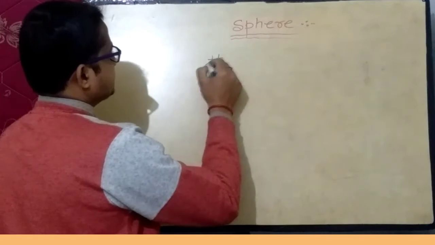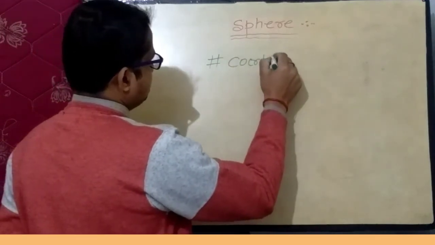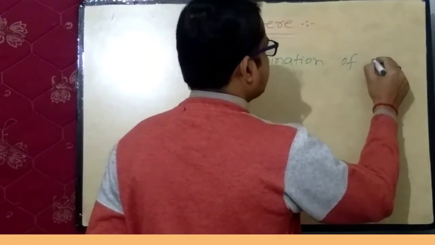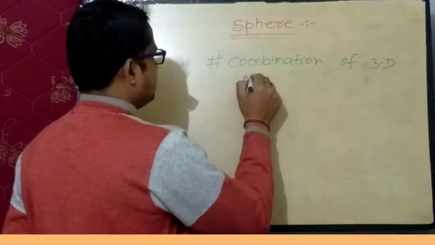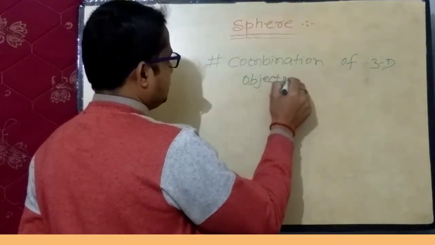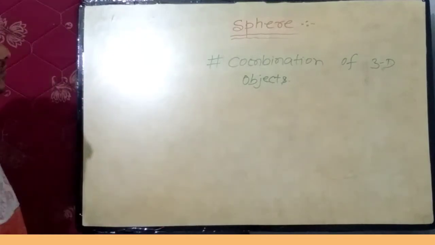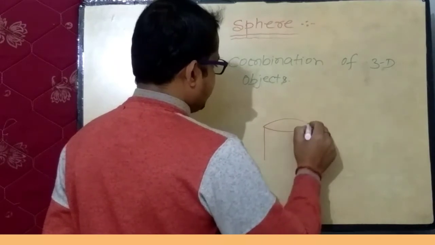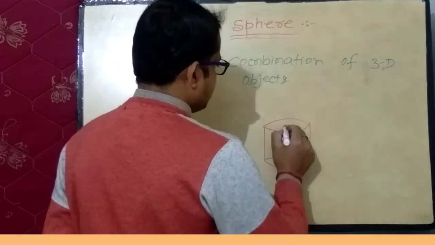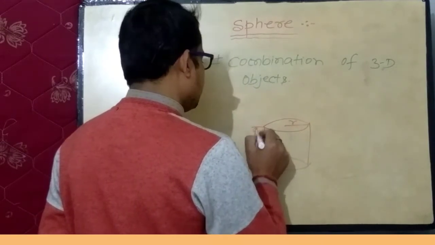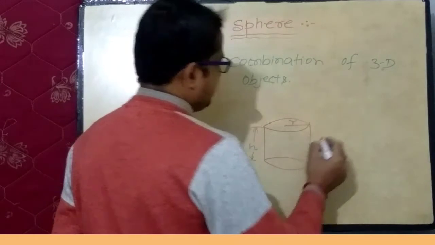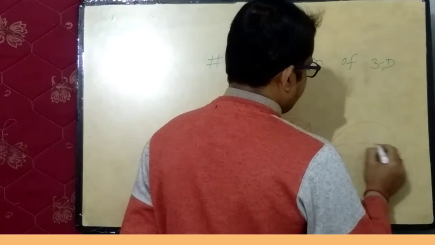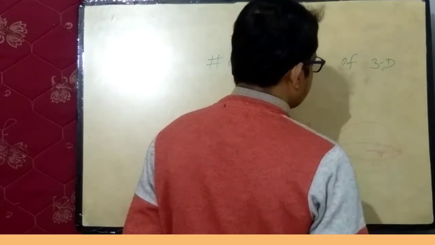Next topic in this chapter is combination of 3D objects. So suppose I am considering here a cylinder having radius small r and height small h, and another object is a hemisphere having a radius small r.